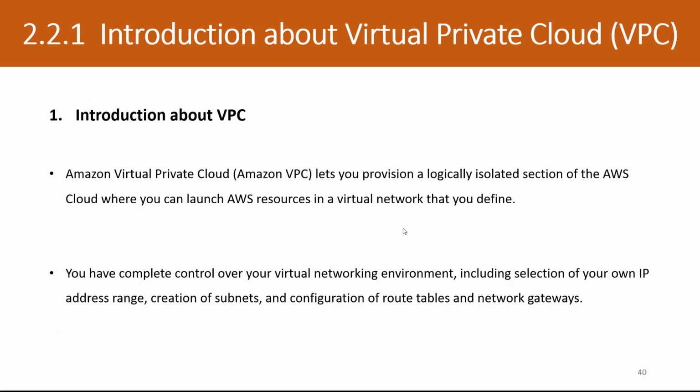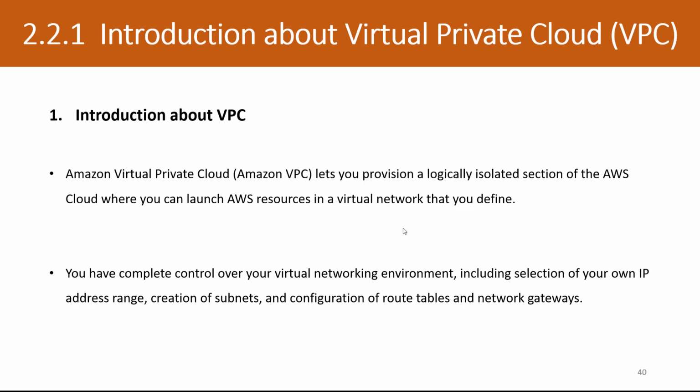Okay, so first thing is the introduction. Amazon Virtual Private Cloud, called VPC, lets you provision a logically isolated section of the AWS cloud where you can launch AWS resources in a virtual network that you define. So basically you can create your own logically isolated network within the cloud environment, so you can have your resources there and nobody else can use them. Second, you have complete control over the virtual network environment, including selection of your own IP range, creation of subnets, and configuration of route tables and network gateways.